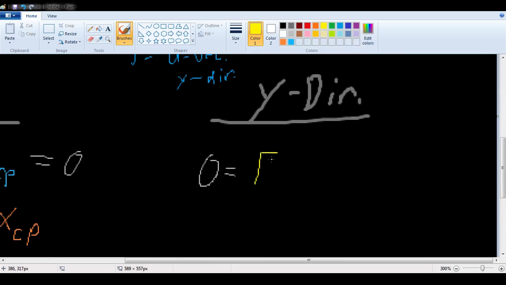So I'm going to throw in my F sub g, plus my y component there, plus my y component there.